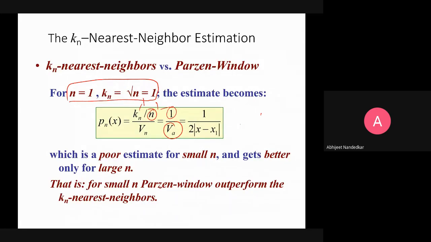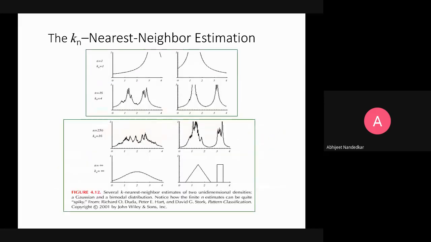Since there is no restriction on growth, this pn(x) will always give you some value, and it will never go to zero as such. Due to that, we will face a problem: the integration of the probability density over x should be 1, but that will never happen. You can see that this is not touching 0 anywhere.